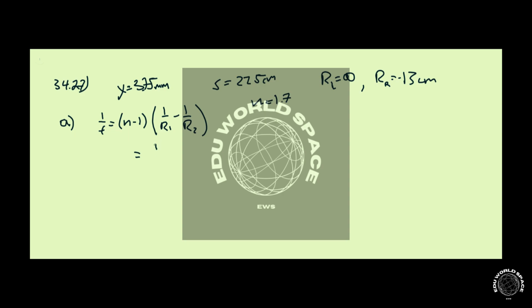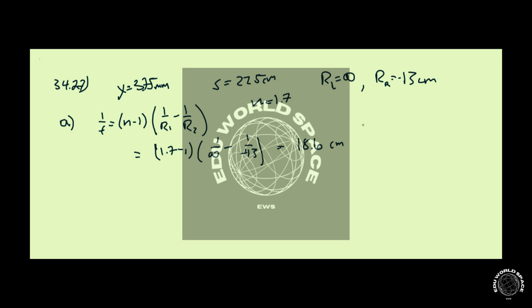So we know that this is 1.7 minus 1, times 1 over R1, which is infinity, minus 1 over negative 13. If we plug that in, we should see that our focal length comes out to being 18.6 centimeters. And these negatives cancel out, so we have a positive focal length, which is good to know.